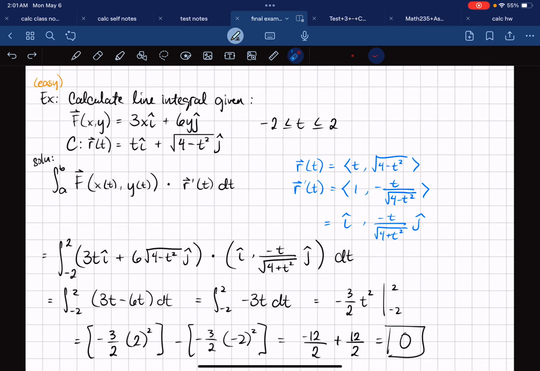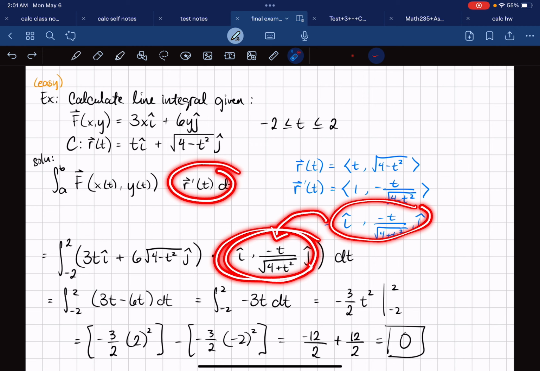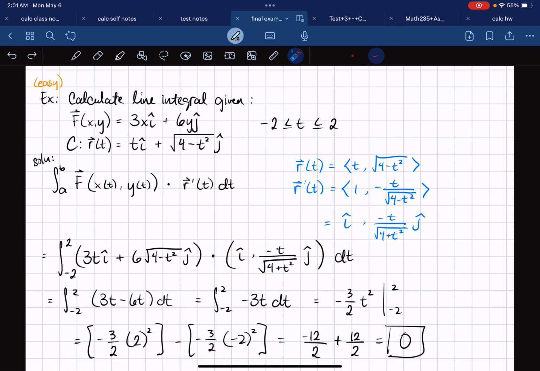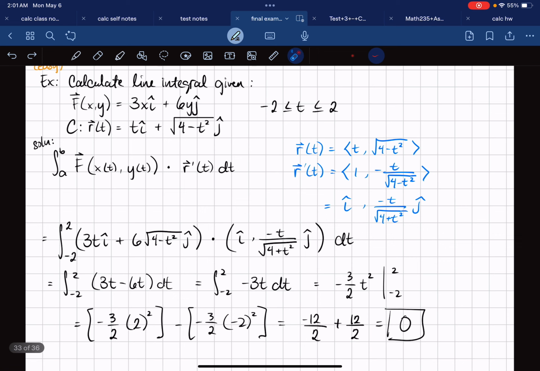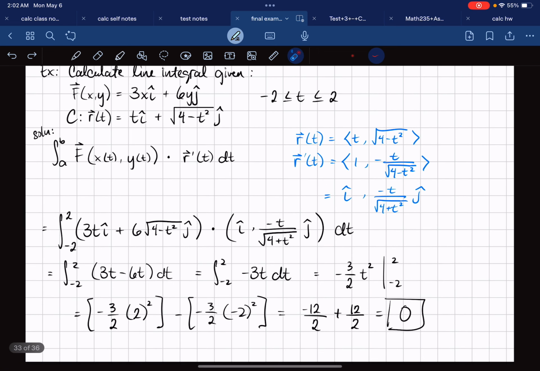However, because we are taking the dot product and it is in a form where i and j are relevant, we turn it back to i and j right here, so that we can plug this back into here, because this portion right here is this portion right here, and we can take the dot product. Like I said, not 100% relevant when it comes to our class, but pretty useful information.